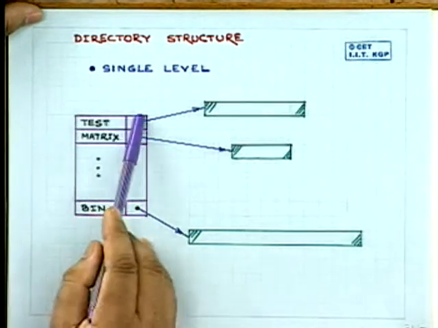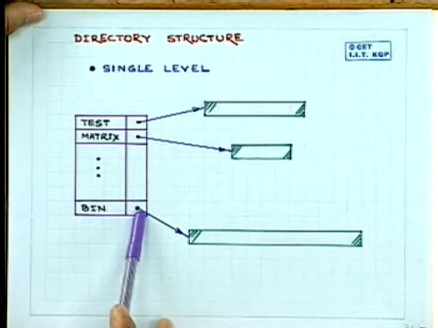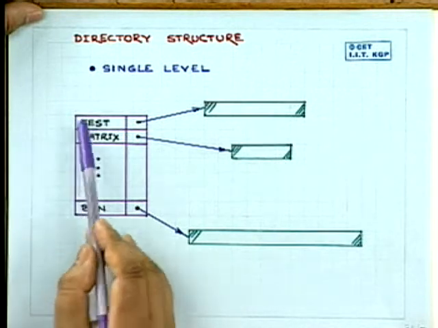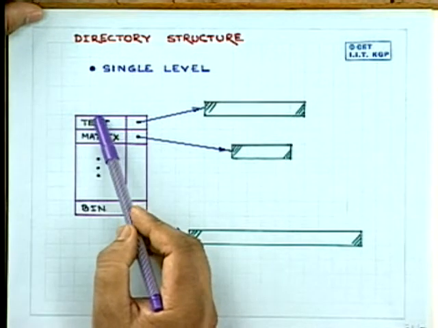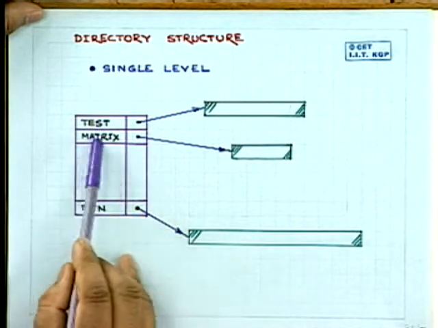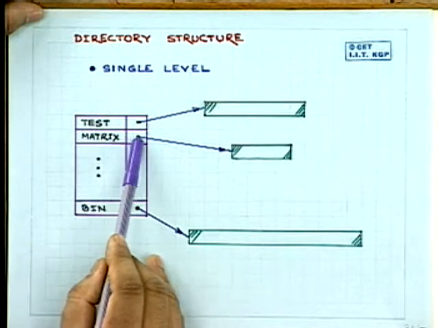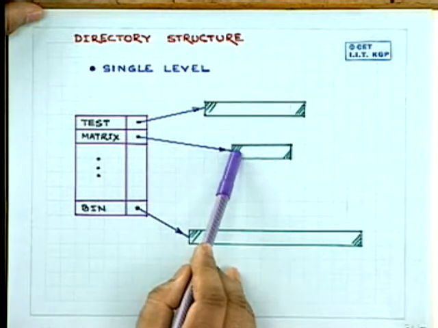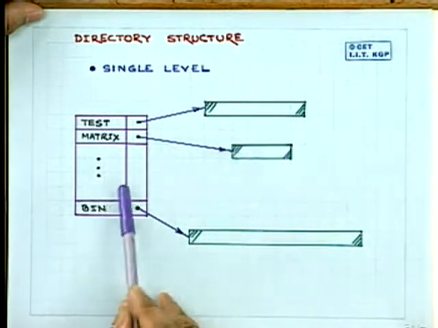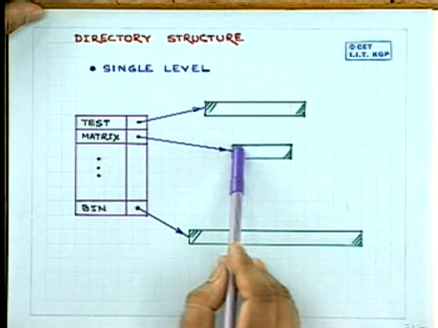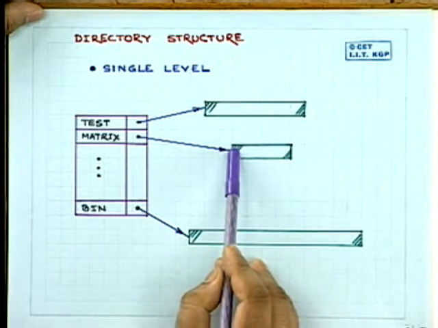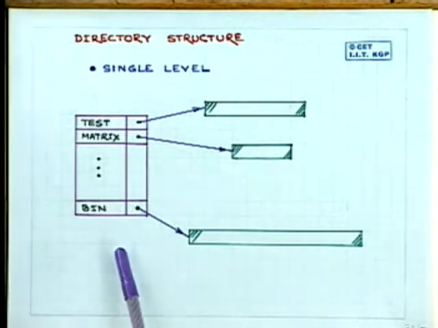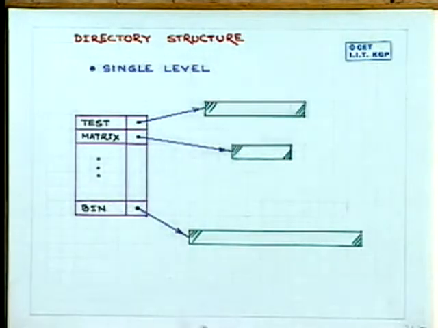Now, if we know the directory address, then by knowing the name of the file, we can come to the corresponding entry in the directory, and since the location is known, we can go to the file and start retrieving information from the file, or start writing records into the file. This is a single level directory structure.